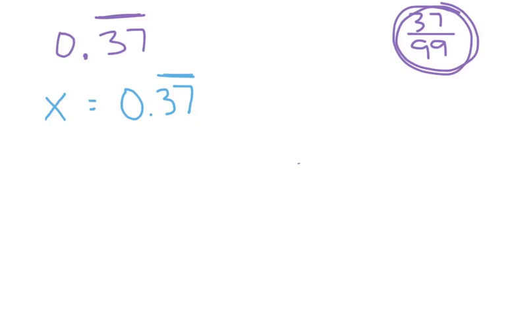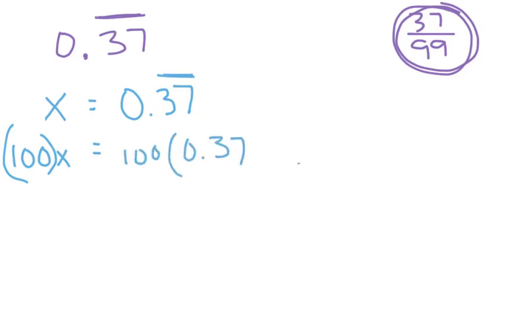So what I'm going to do is, you remember how we can do both sides of the equation? Whatever we do to one side, we do to the other, and they remain equal. So I'm going to multiply both sides by 100. I chose the number 100 because I'm in the hundredths place. So if I multiply this times 100 and multiply this times 100, so 100 times x equals 100 times 0.37 repeated.